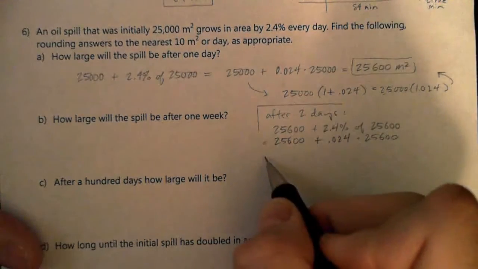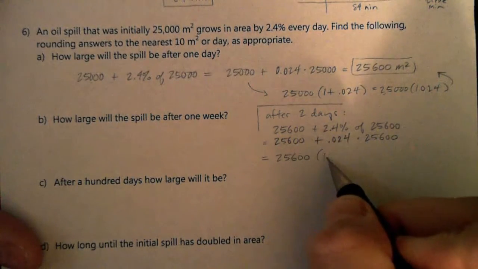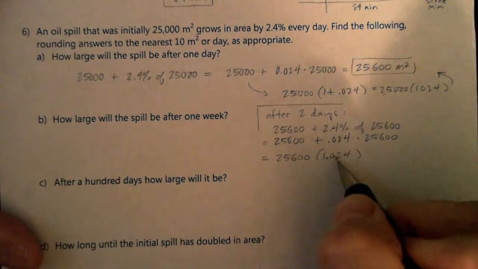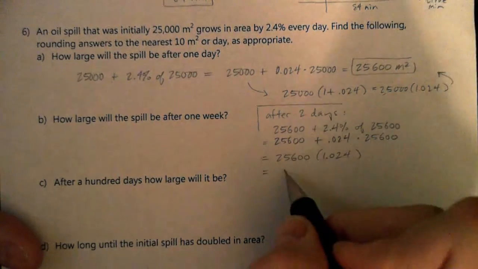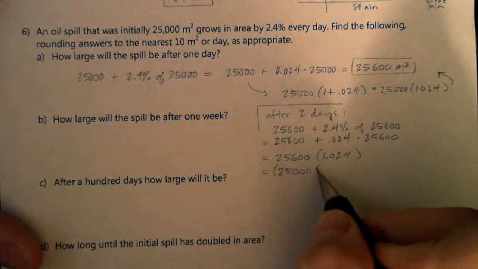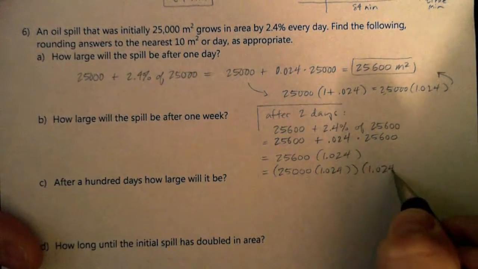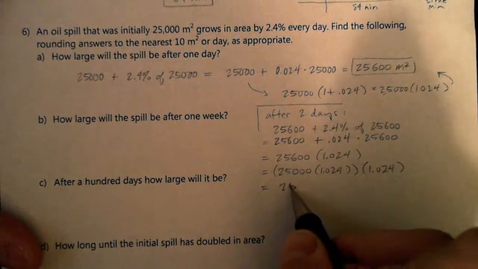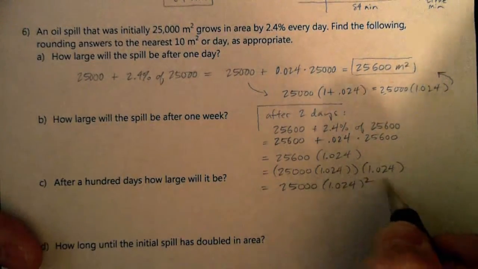And you could calculate that, but I wanted to recognize that this is 25,600 times 1.024. And since the 25,600 itself was 25,000 times 1.024, we could see this as 25,000 times 1.024 squared.